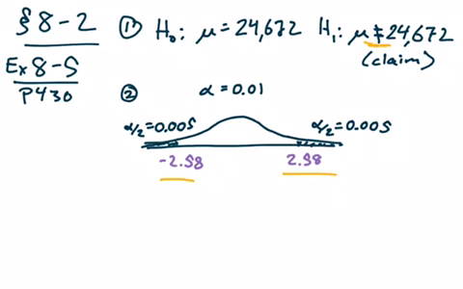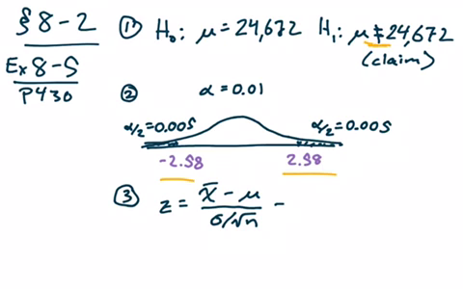The next step, 3, is to compute the test statistic. This is the Z-test, so we're computing a Z-score. It's computed the same way that we remember computing Z-scores, so it is like this. Z is equal to x-bar minus mu, all divided by sigma divided by the square root of n. And we'll go ahead and substitute in what we have here.